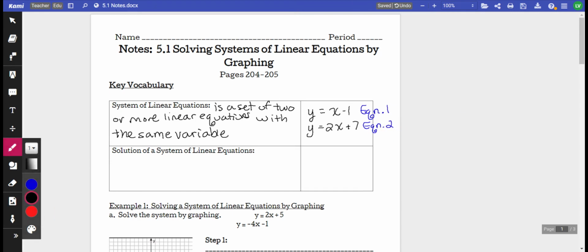Solution of a system of linear equations is an ordered pair that is a solution of each equation in the system.